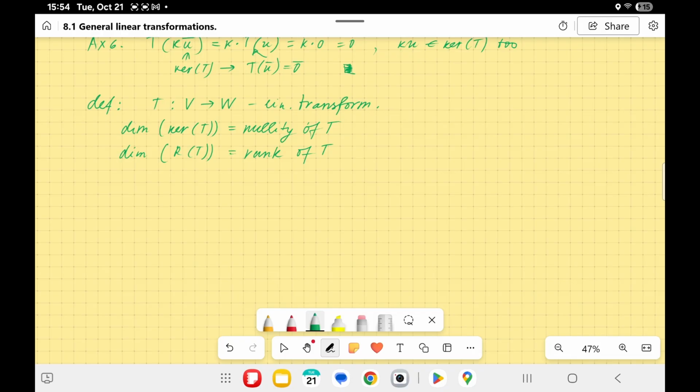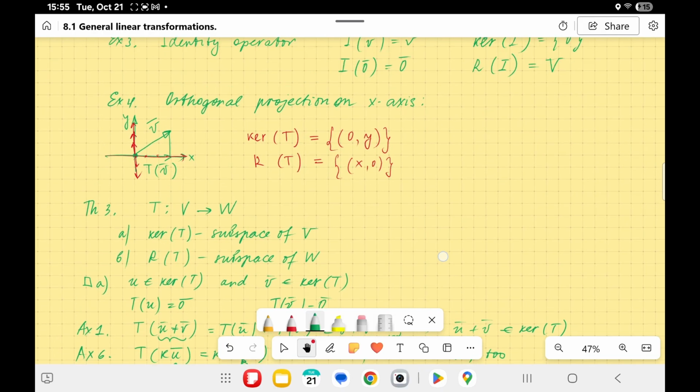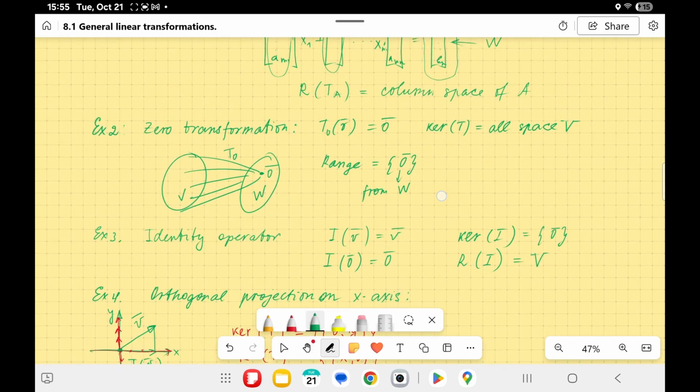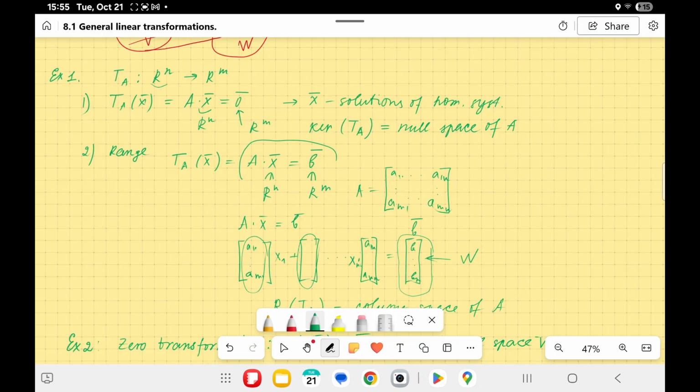If you go back to matrix transformations, you are probably going to see why it's called nullity, because for matrix transformations the kernel is the null space, and the dimension of the null space is nullity.